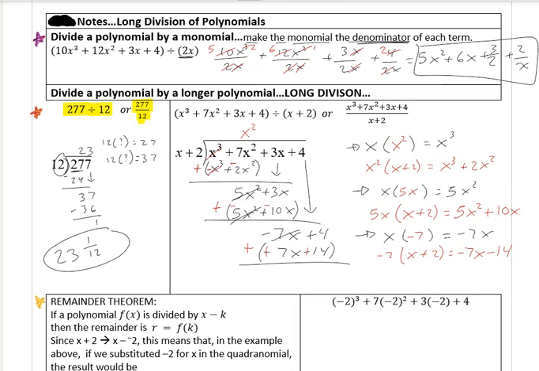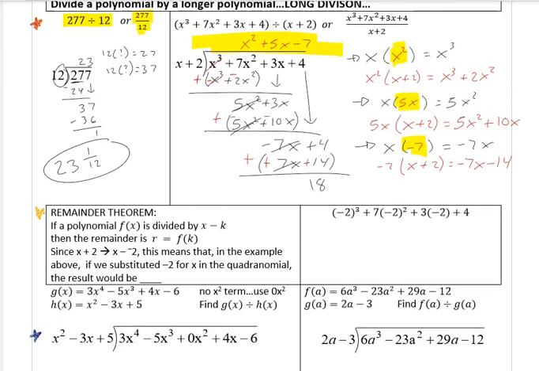Add down, these cancel, and I get 18. One little mistake I've been making is I've been forgetting to add these numbers on top. Let's add them in very quickly. This would be plus 5x and minus 7. And I have a remainder of 18. So my answer is x squared plus 5x minus 7 plus 18 over x plus 2.